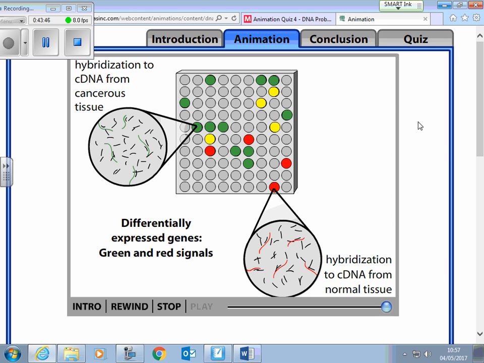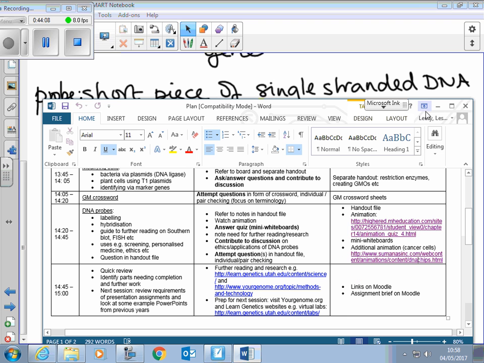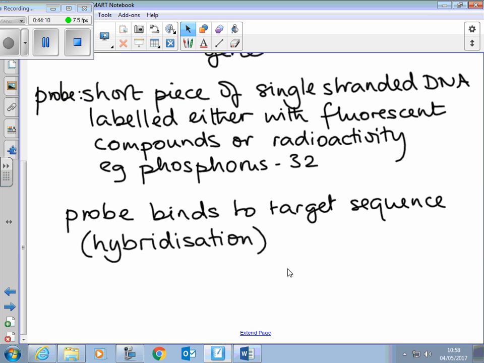So if you can identify the exact mutation, then you might be able to identify the exact protein that's then causing problems in cell division. And the more you know about the molecular basis of somebody's disease, the better you can actually target the treatment. And that leads us to one of the main applications of using gene probes.